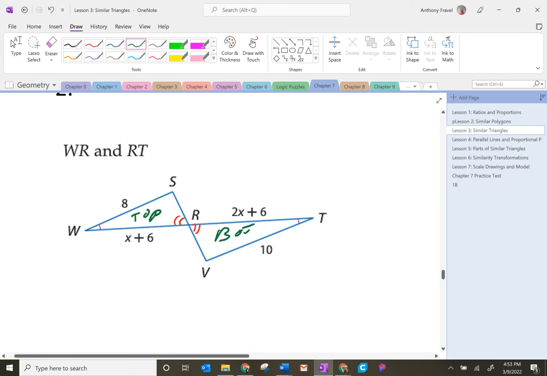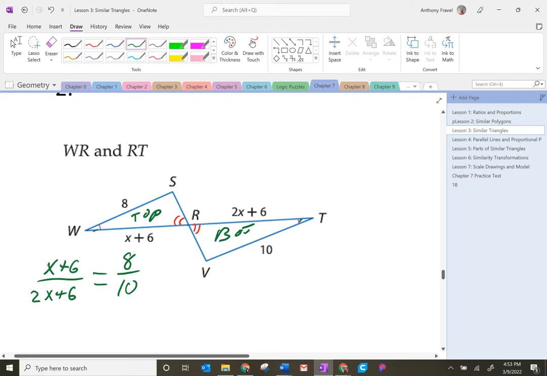Okay, I know in between my one arc and my two arcs was going to be the x plus 6. Okay, and then in between my one arc and my two arcs was that 2x plus 6. Likewise on the other one, I've got 8 here. I've got 10 as my fraction on the bottom.